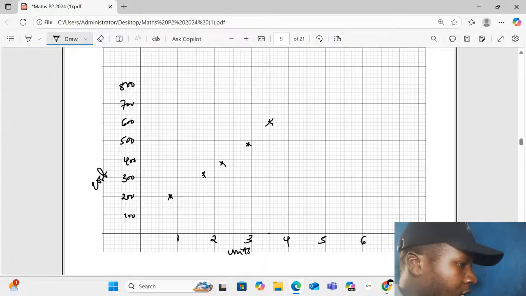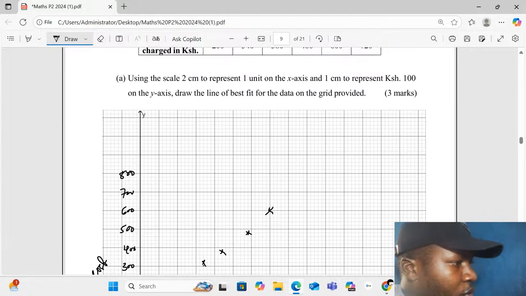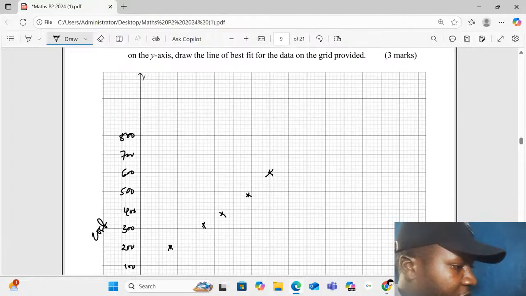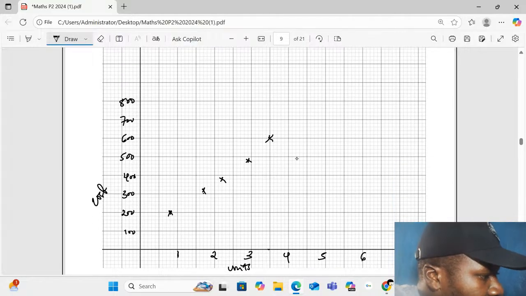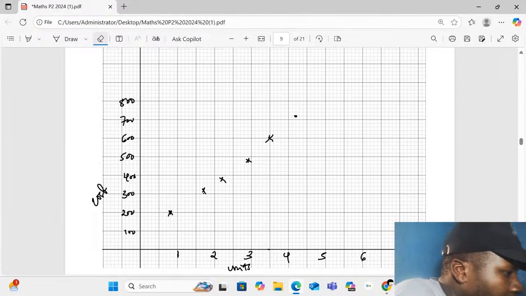Then we have 4.2, 720. So 4.2 is somewhere here, 720. That way. Let us use dots, they look easier.